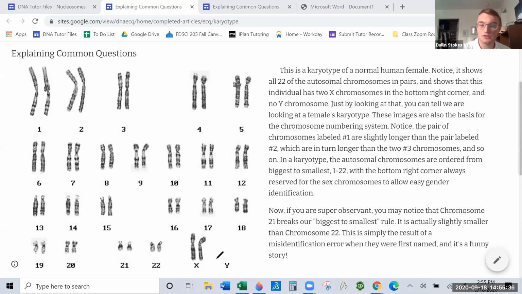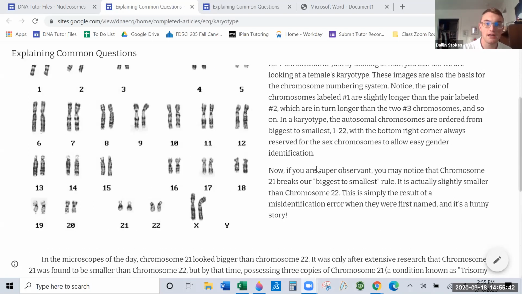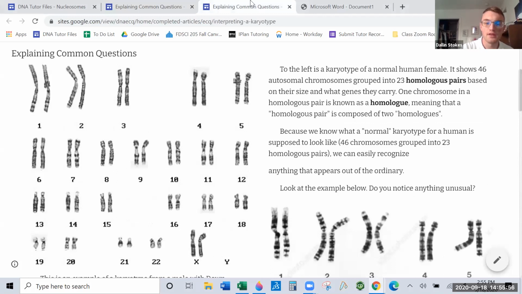So if we scroll down to find a different karyotype here, let's see. Let me switch to my other. Give me a sec here. Here we go.